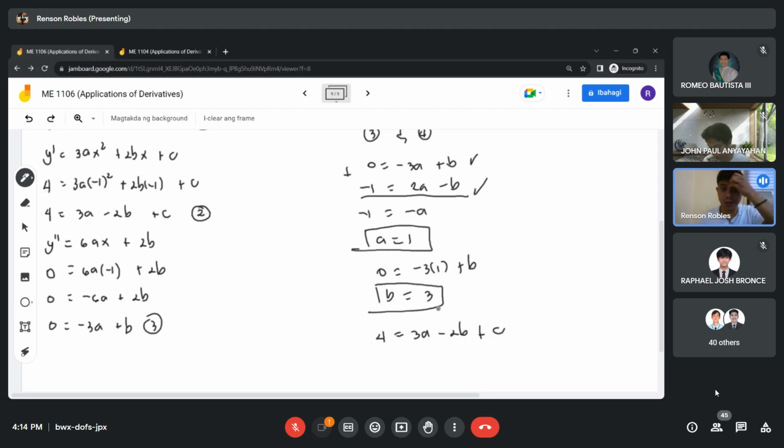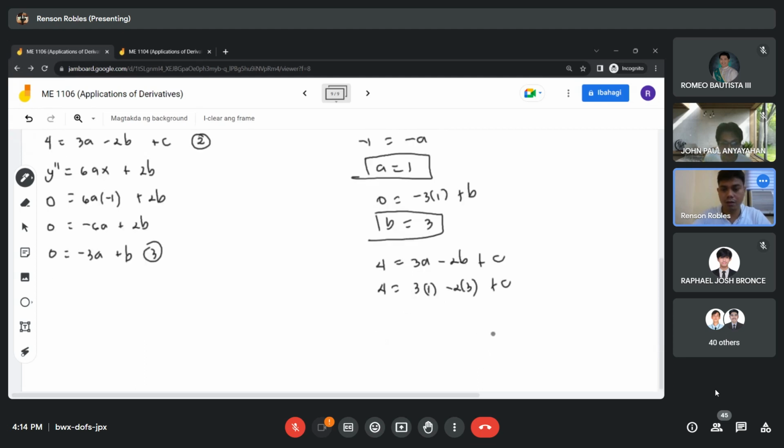Then you replace a by 1 and b by 3. 4 equals 3 minus 6 plus c. You have c equals 4 minus 3 plus 6, it will become 7.